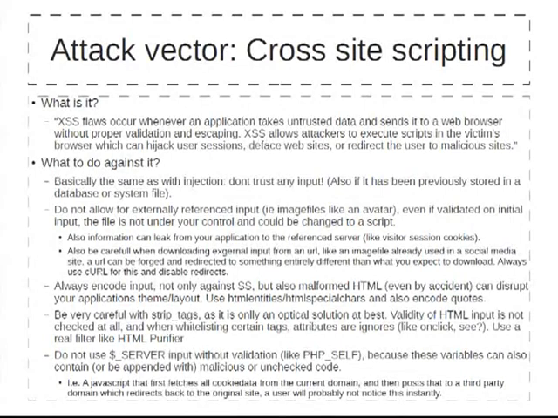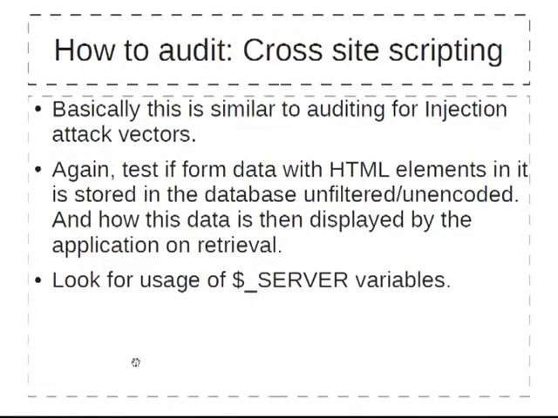And also look for the usage of the $_SERVER super global. Actually, the $_SERVER super global contains unfiltered data from your web server, which basically to your application is an external source. So, just like I said before, filter that. How to audit this?